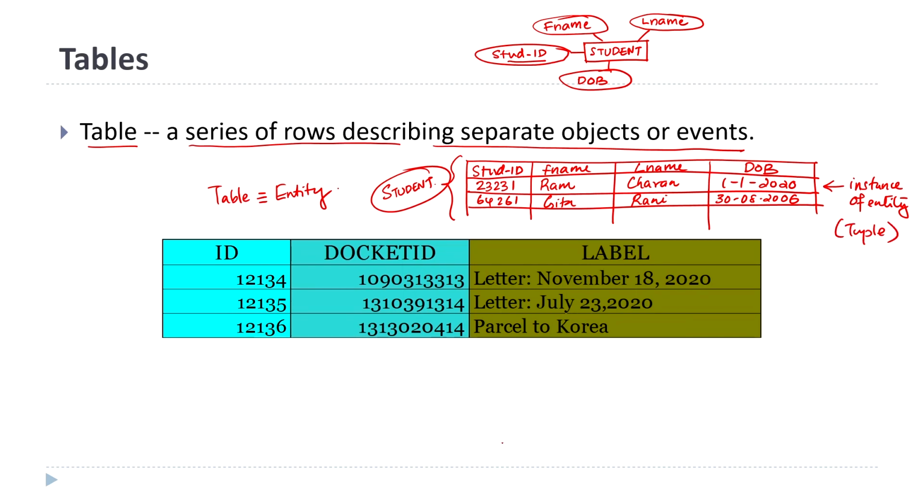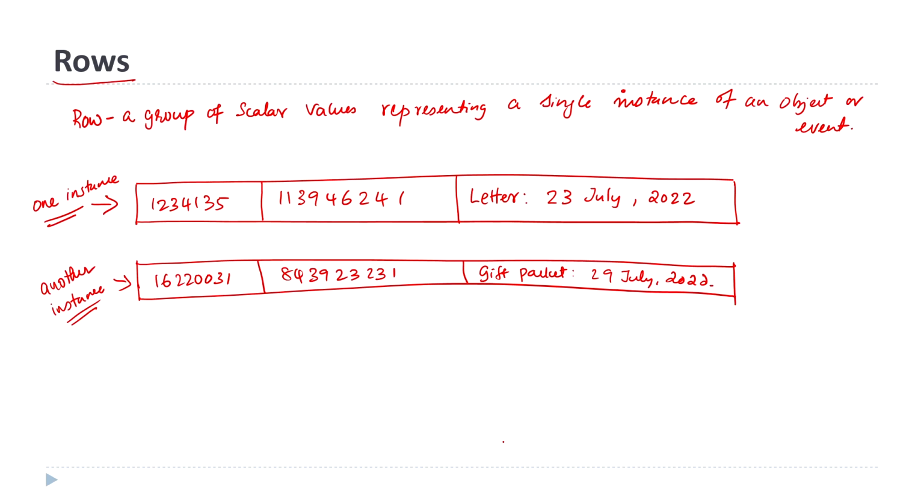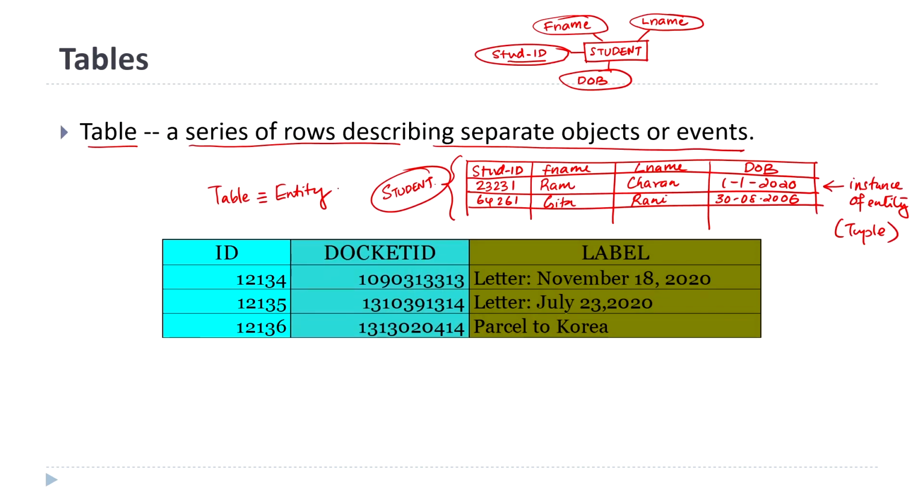Same as what we saw previously, we have an ID where these numbers are written 1 2 3 4 1 2 3 5 like this, these are consecutive IDs, and there is some docket ID, some other IDs going on. And this docket ID is one of the labels, says letter is November 18 2020, there is another letter July 23 2020, then there is a parcel to Korea.